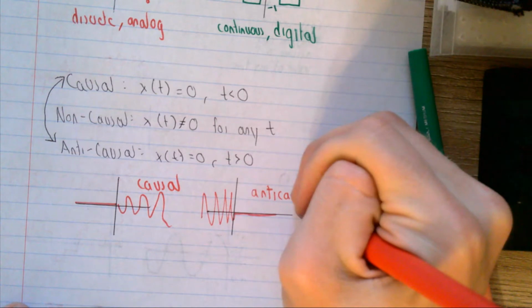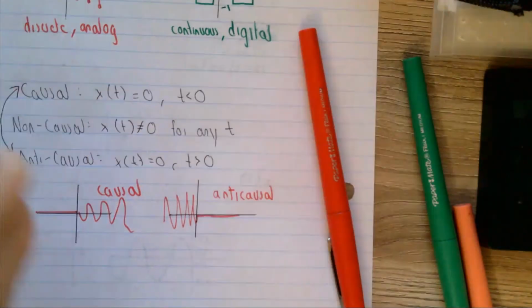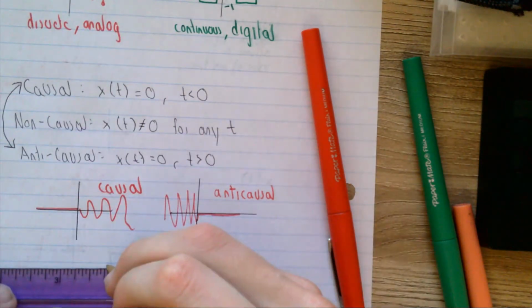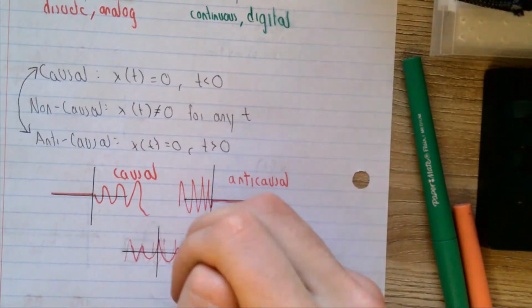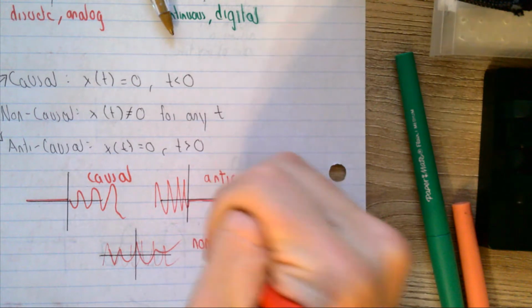And then non-causal, it's not causal or anti-causal. It just has no pattern to it at all. It does not assume a specific value. So this is what anti-causal might look like for your signal. Sorry, my pen was dying out there. Sorry, this is non-causal, because it follows no pattern.